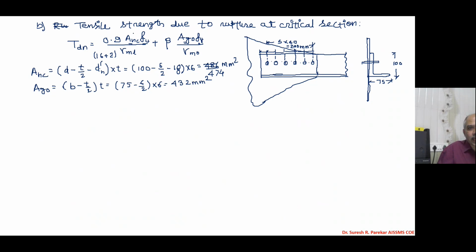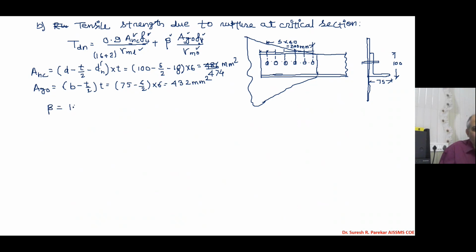So now we know ANC, we know FU, gamma ML we know 1.25 and gamma MO we have 1.1, AGO 432, we know FY. Now we have to calculate beta. Now what is the formula for beta?